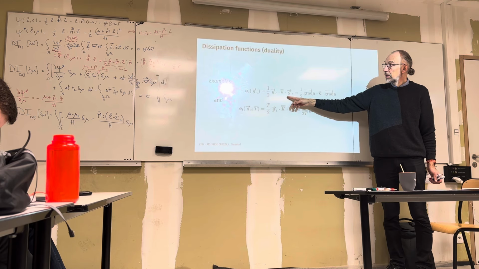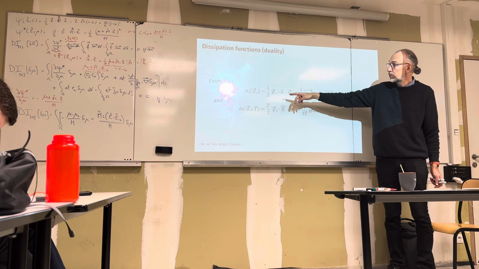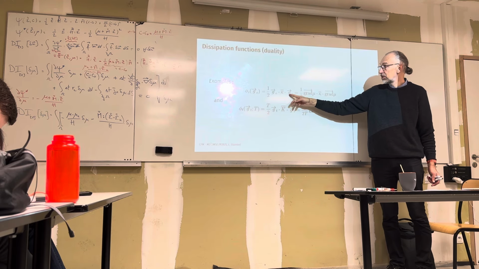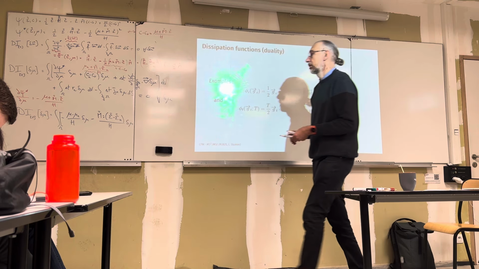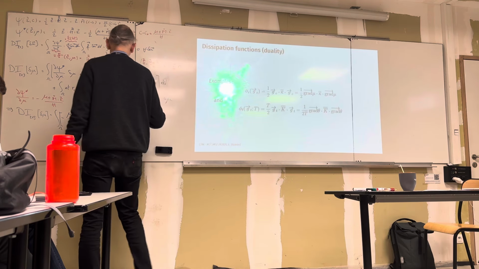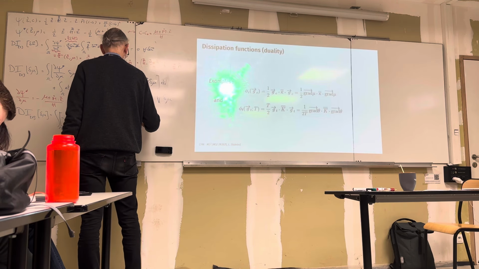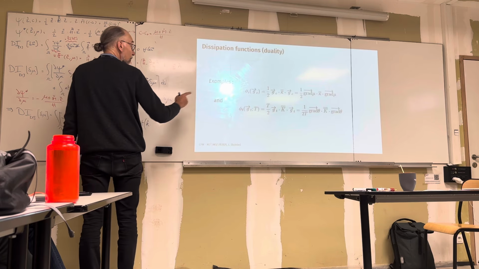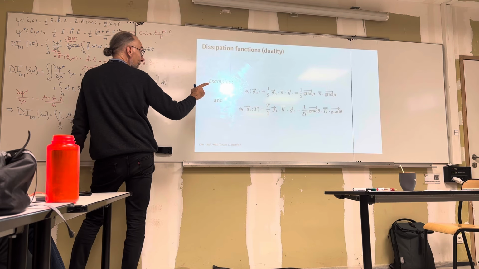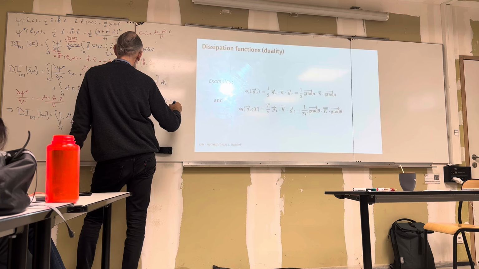So the derivative of phi c with respect to g is just kappa times gc. So I get here plus delta t, delta kappa times gc.